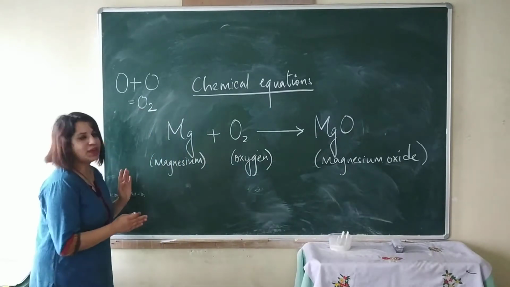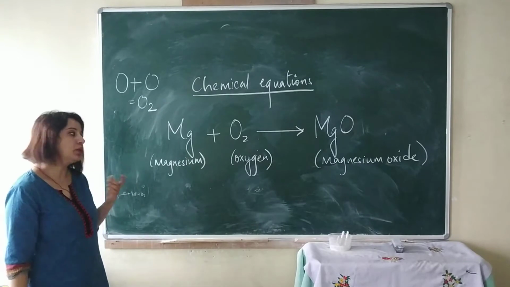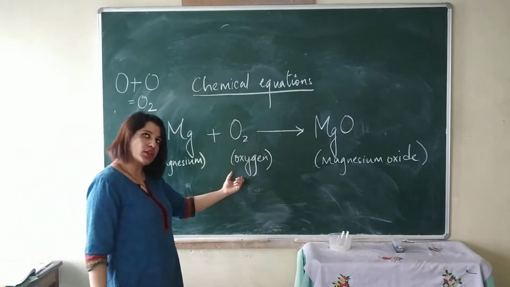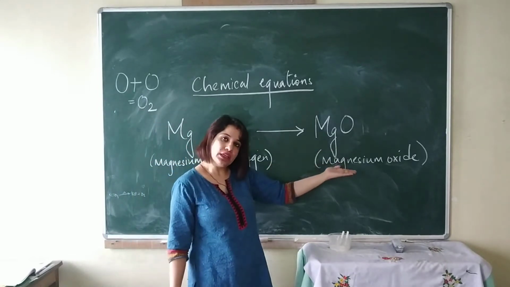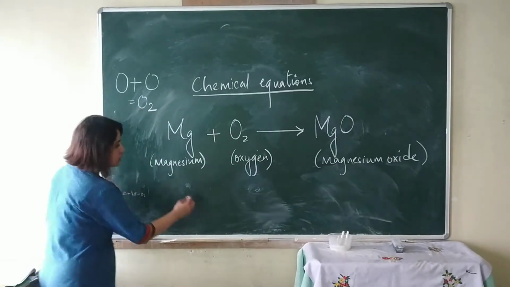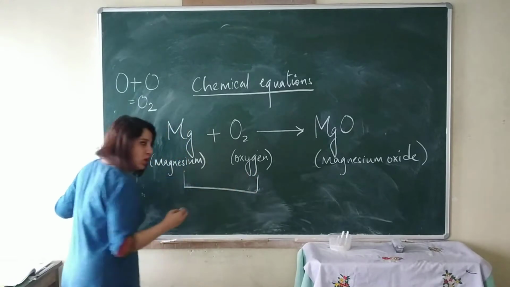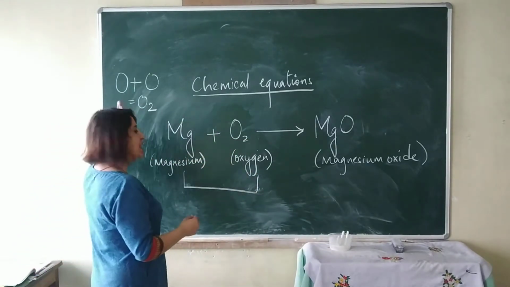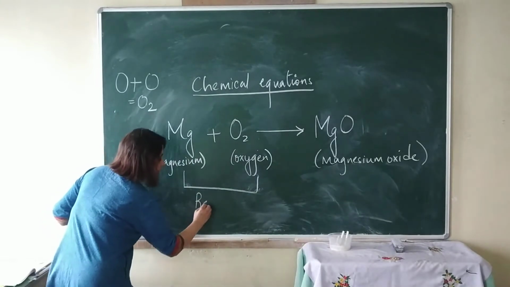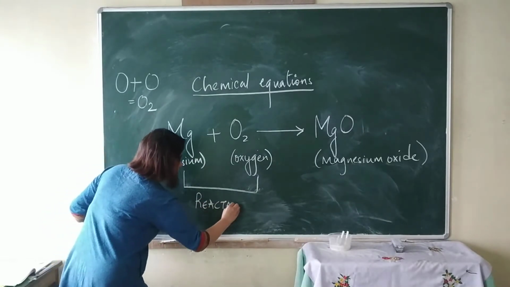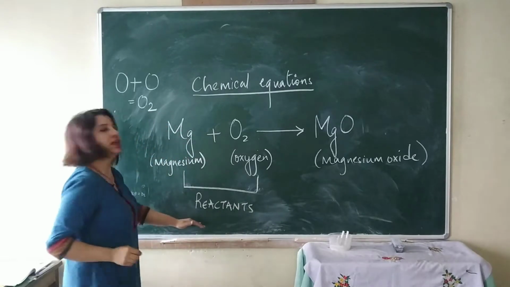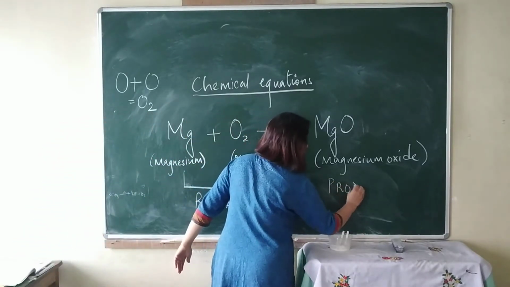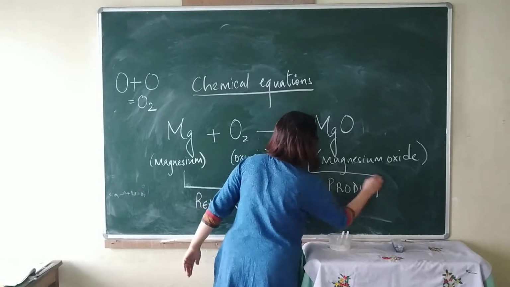Now, what information do you get from this chemical equation? Magnesium reacts with oxygen to produce magnesium oxide. So, what two things were taken? Magnesium and oxygen. So, your left hand side is the reactants and the other side is the product that is formed.